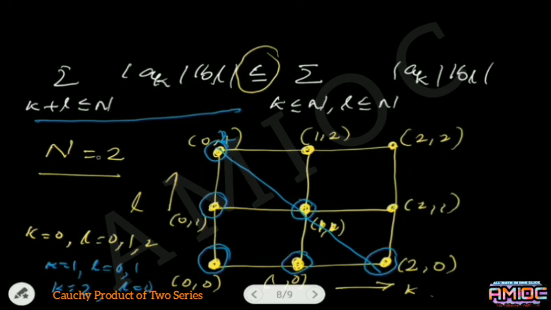If we consider a general n, then we can generalize by an n by n square matrix, and the sum consists of all entries on and below the diagonal, and here the entries include all the corner points. Therefore, this sum will be less than or equal to this sum.